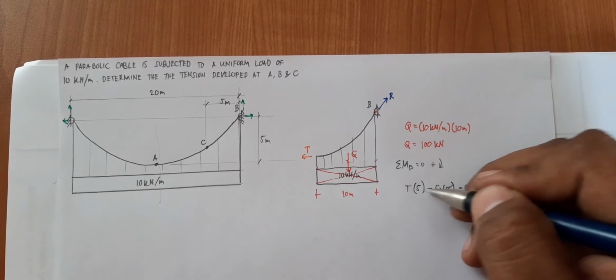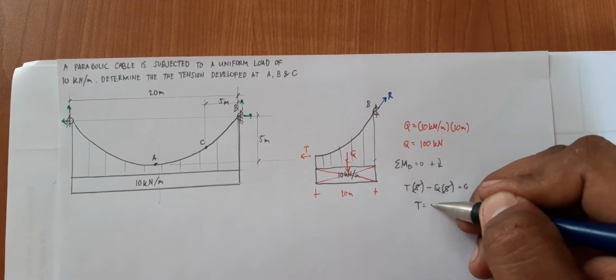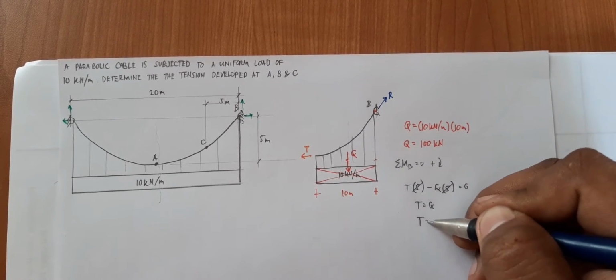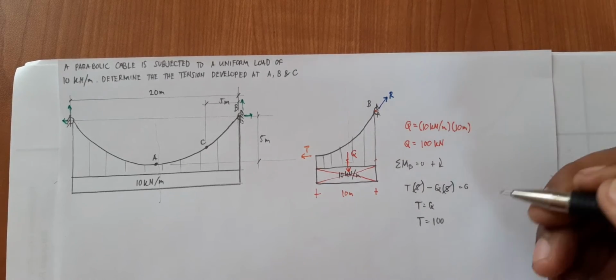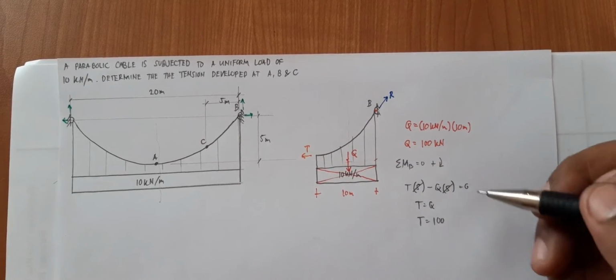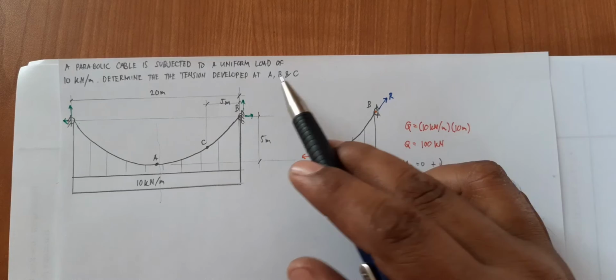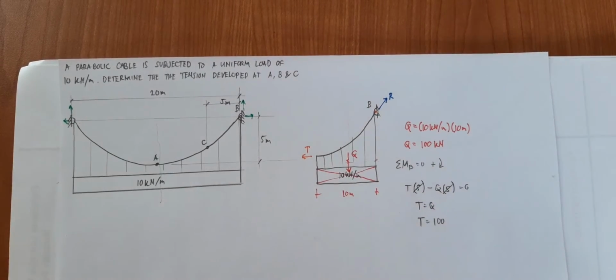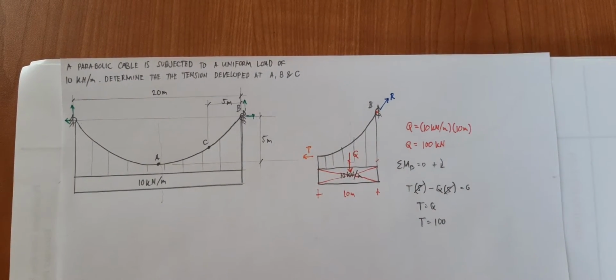So 5 and 5 cancel, T is equal to Q. Your tension T is equal to 100, and that is already your answer for letter A, the tension developed at A.